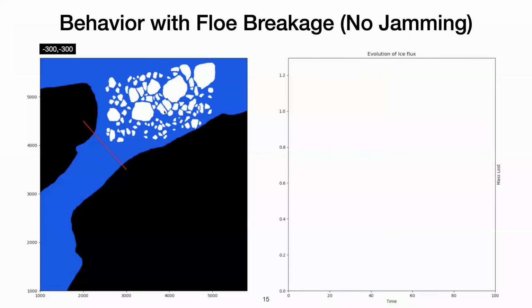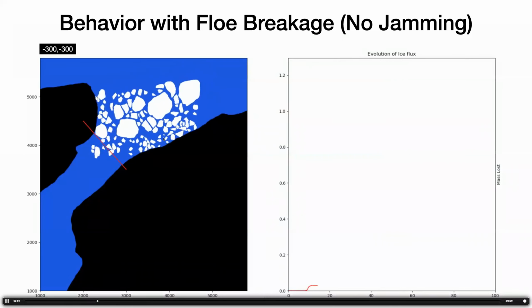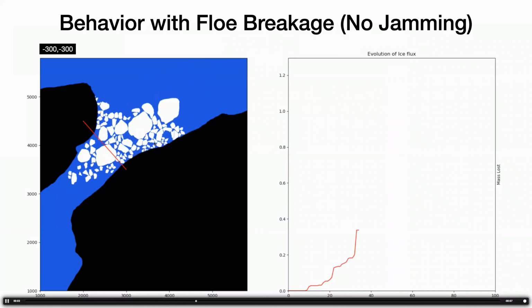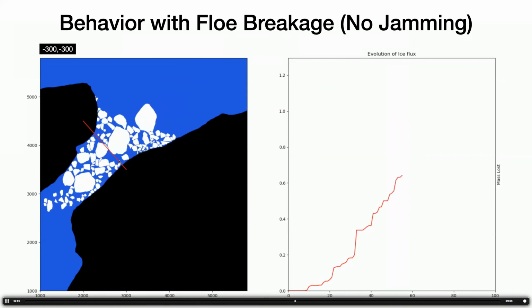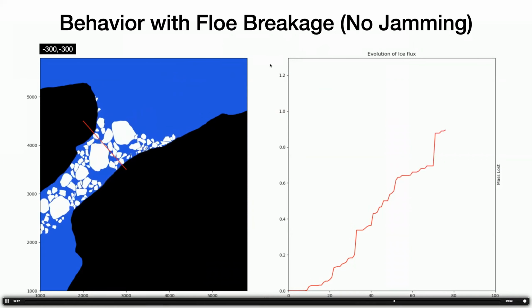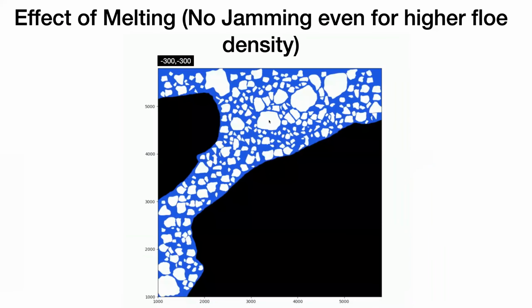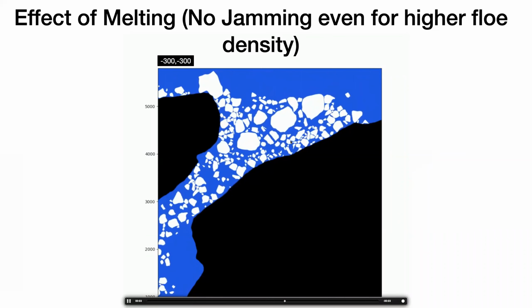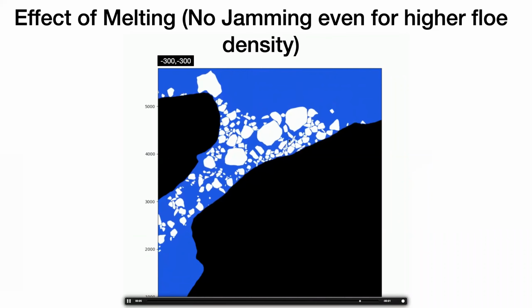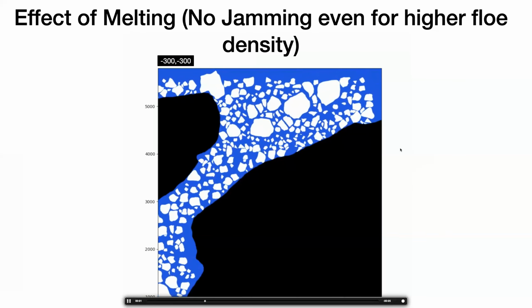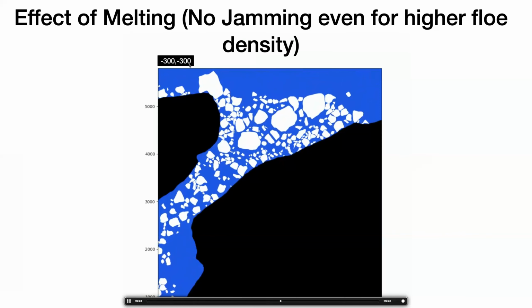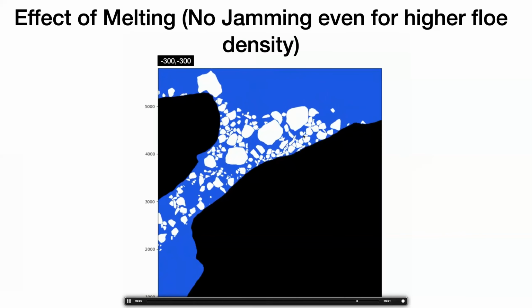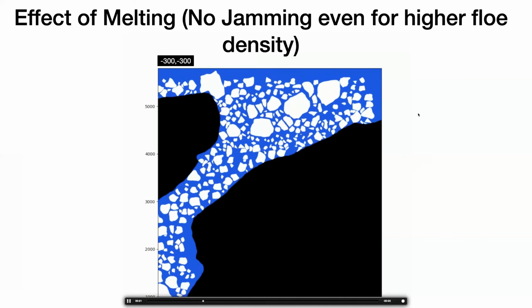Here we have a lesser amount of floes, but thanks to the presence of breakage, it was possible for the floes to go through the strait. With an even larger amount of floes, we can see that melting can play an even more powerful role, depending on the velocity at which it occurs, for the same fluid conditions applied to the floes.